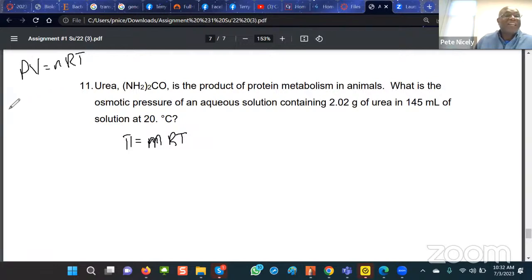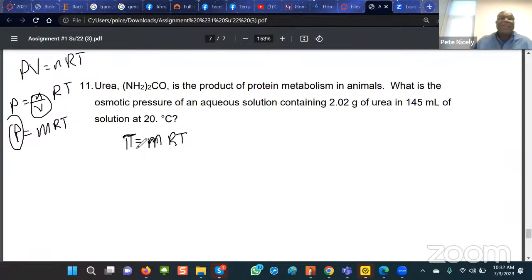This can be rearranged to get P equals n over V times RT, and n over V is the molarity, so this is for gases. The only difference between these two is that this is for solutions. So we replace P with the Greek letter pi for osmotic pressure.